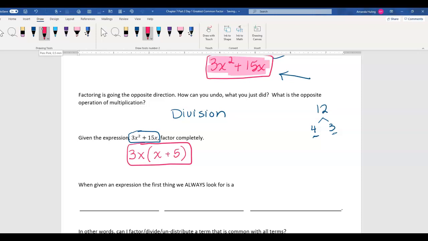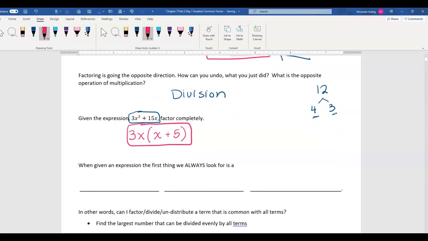So when we start doing these factoring trinomials and binomials, we always need to look for a greatest common factor before we do anything. This is your number one step that you always have to do first before you even start a problem to factor.